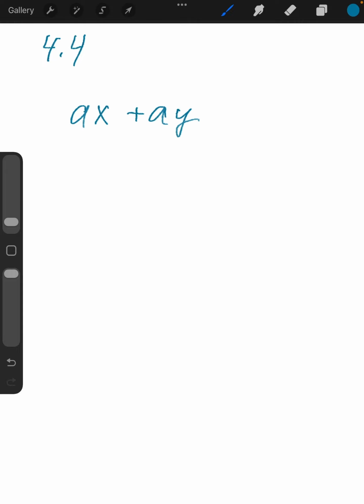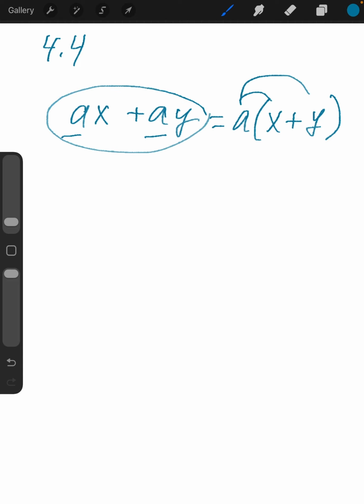We're taking out the common factor, which obviously is the a, and the result is a(x plus y), right? If we factorize it, if we open the parentheses, then we will get this expression back, right? So that's all there is to it. That's why there's not so much explanation in this section.